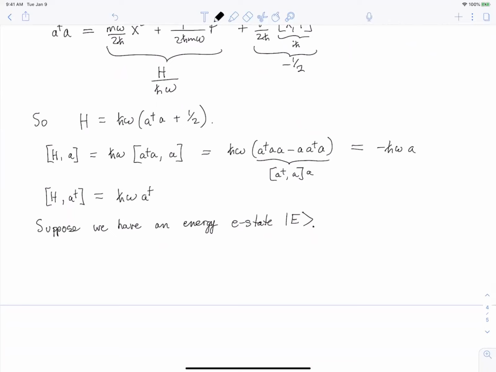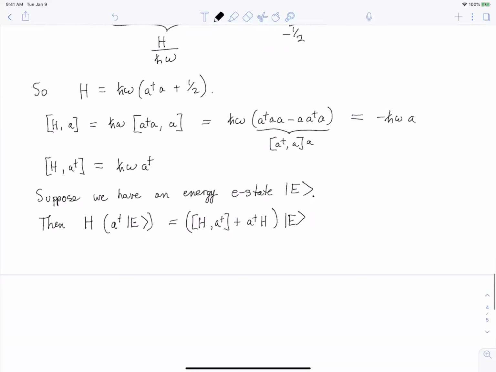And now suppose I act with the Hamiltonian on the state A dagger E. I can write that as the commutator of H with A dagger, plus A dagger H, acting on E. And the nice thing about writing it that way is I know what H is acting on E. It's the eigenvalue, E. And I also know what the commutator of H with A dagger is because we just worked that out.